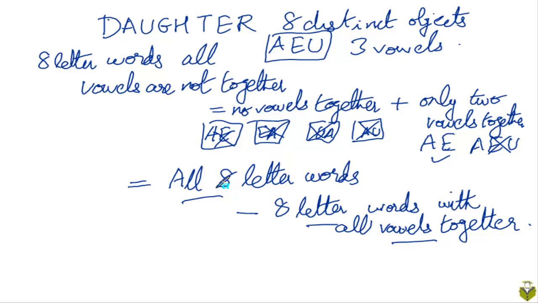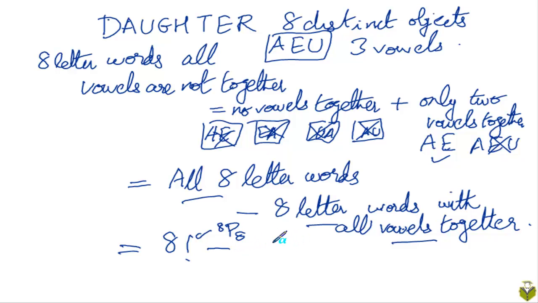So what are all the 8-letter words which can be formed from 8 distinct objects? 8 factorial, right? It is 8p8, but I want you to get a habit of writing 8 factorial if it is 8p8, arrangements of 8 objects taken 8 at a time. That is 8 factorial, minus 8-letter words with all vowels together.